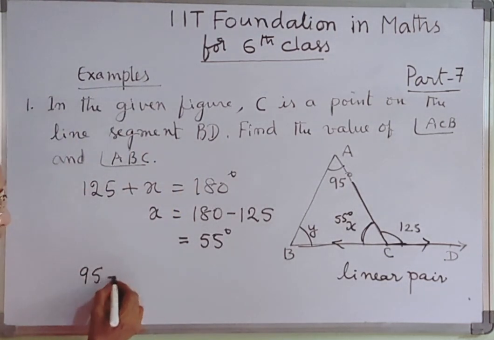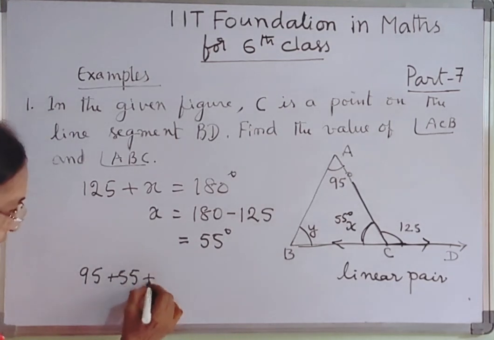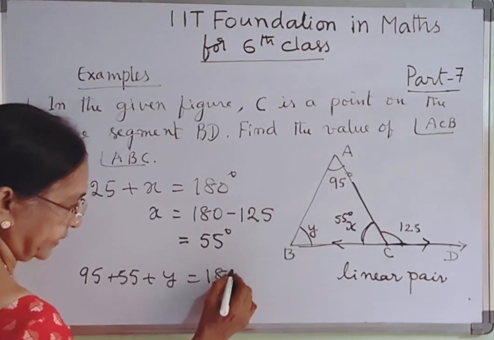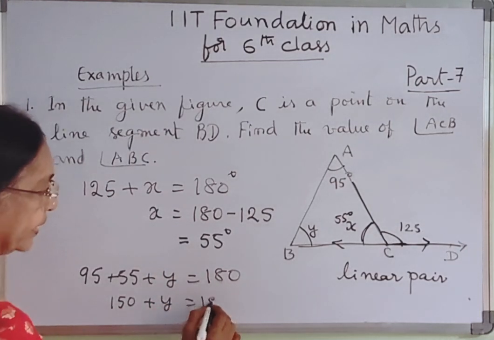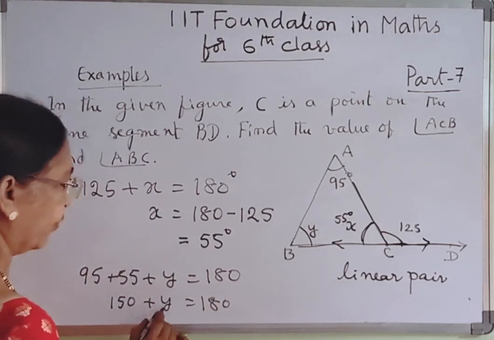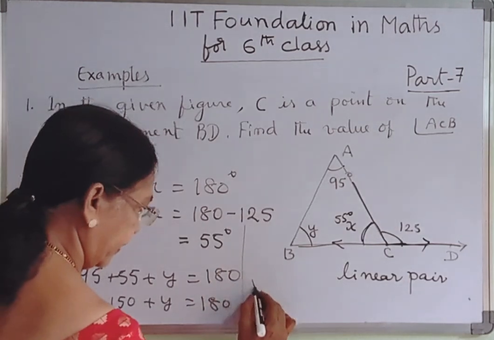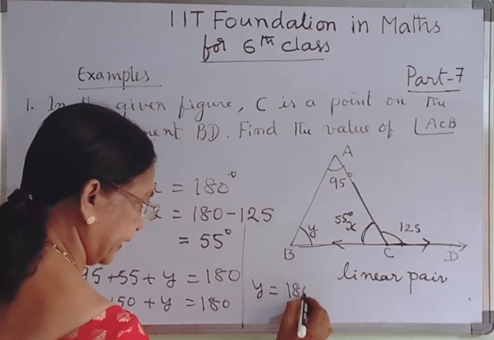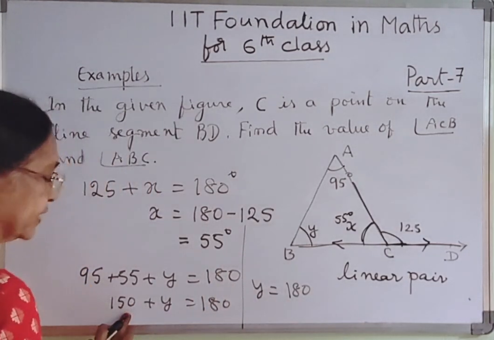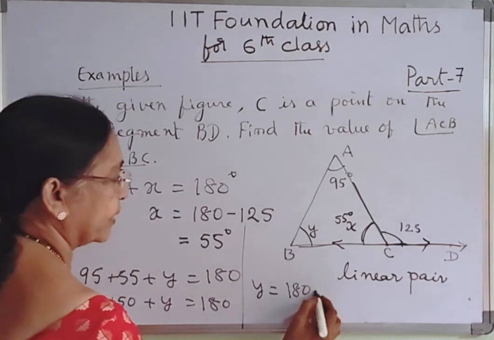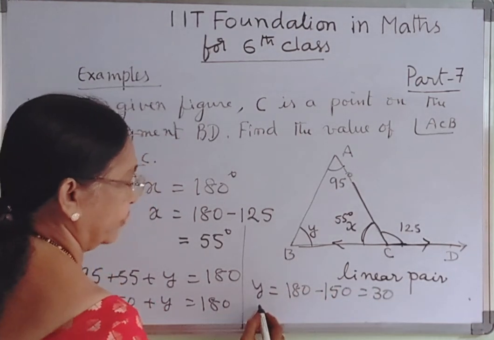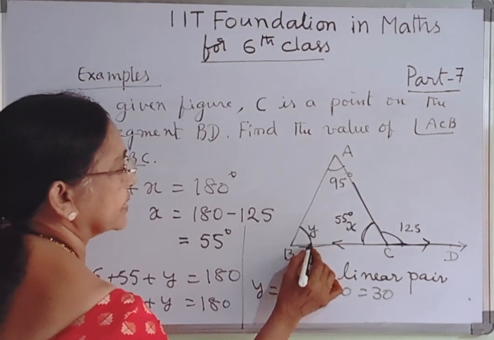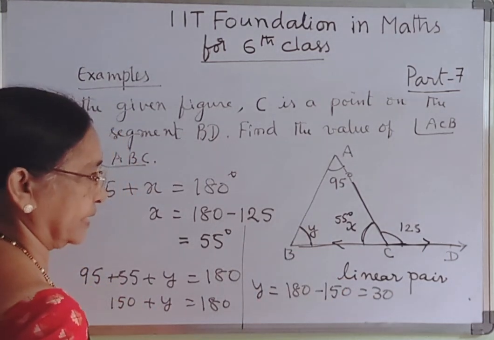Therefore, 95 plus 55 plus y is equal to 180. 95 plus 55, 150 plus y is equal to 180, or y is equal to 180. Taking this 150 to the other side, it becomes minus 150 is equal to 30. Therefore, y is equal to 30. That is, this angle is equal to 30 degrees.